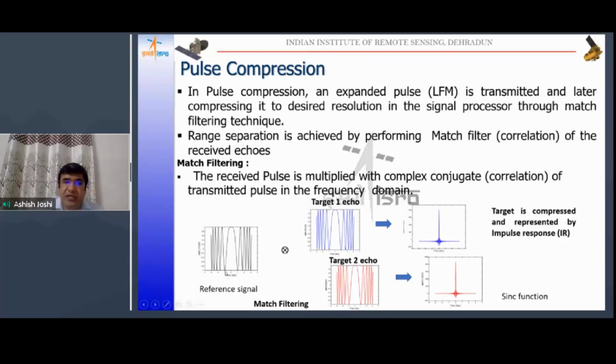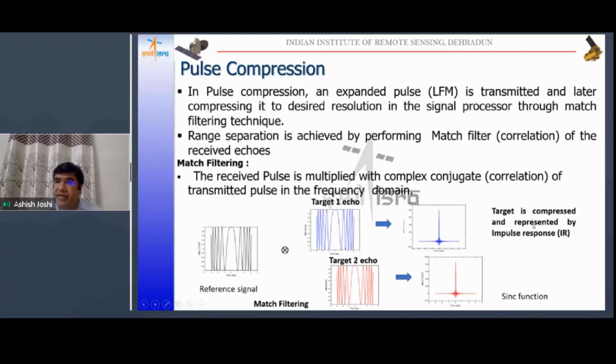This is called the reference signal, which is the LFM we are transmitting. Then we do the correlation, meaning we multiply with the complex conjugate of this one, and the output signal is like this. So we get a very fine range resolution. For the second target also we get a very fine resolution, and then we can clearly differentiate between the two targets.